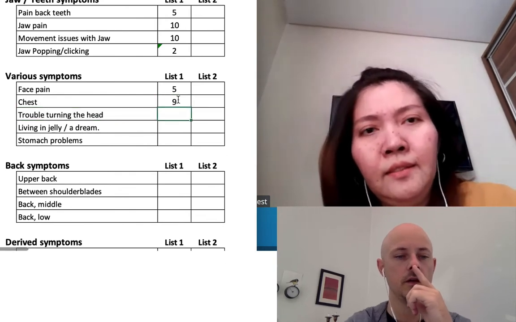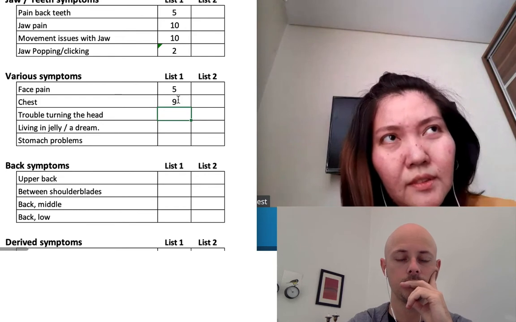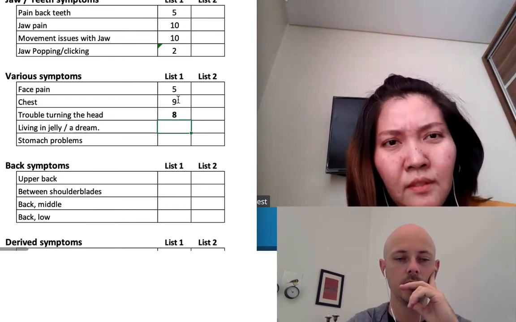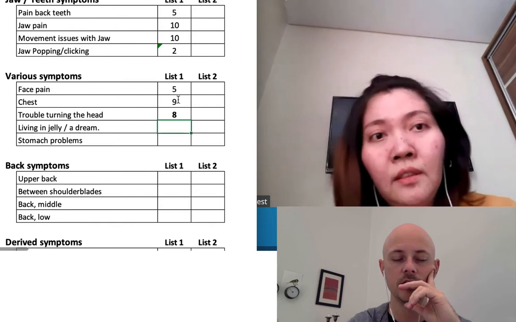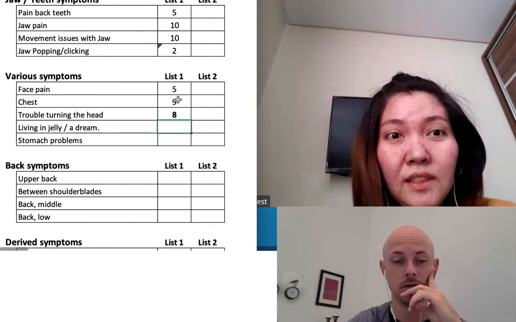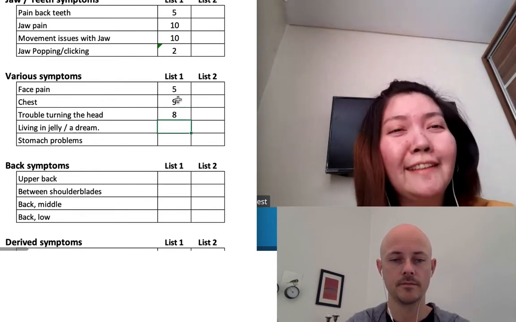And then we have trouble turning the head. 8. And then we have a feeling of living in jelly or living in a dream, or some people call it brain fog. Brain fog. 8.